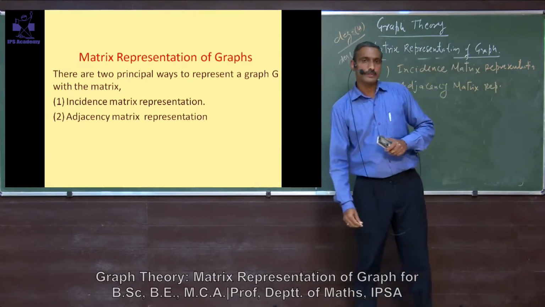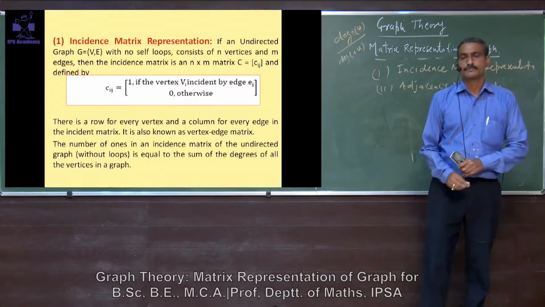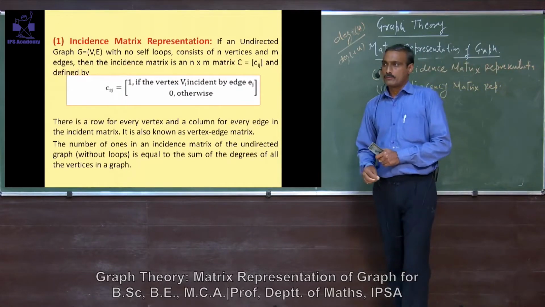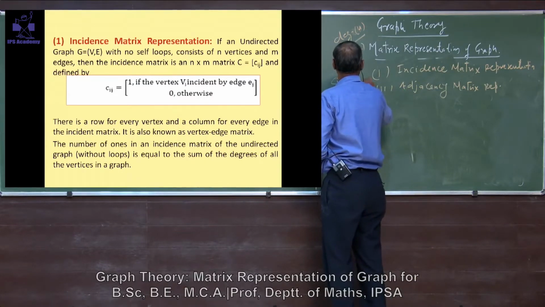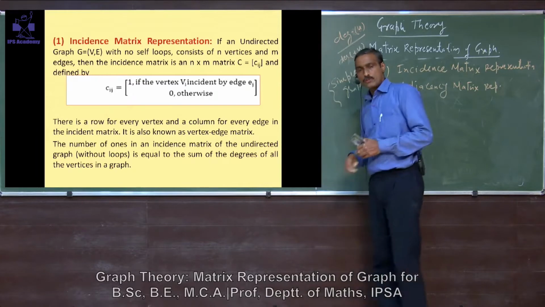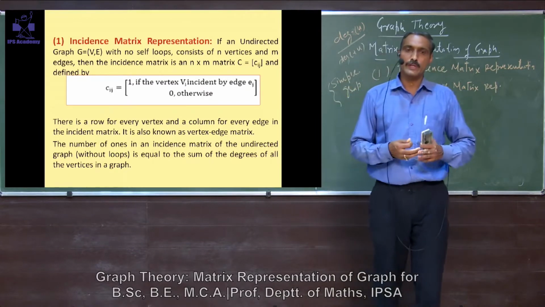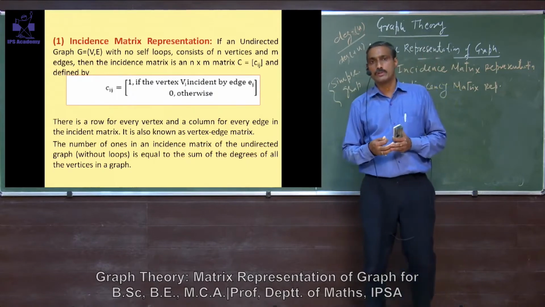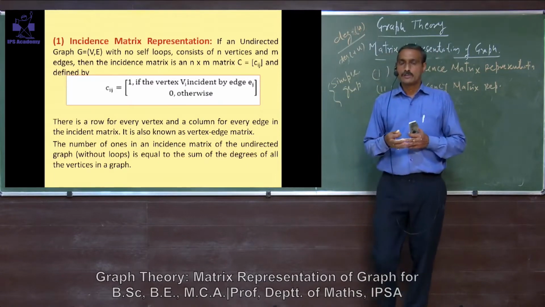Okay, so first we discuss what is the incidence matrix representation. We are defining it for a simple graph first. We also define it for a multigraph, and we also define it for a directed graph. So first we define the incidence matrix representation and adjacency matrix representation for a simple graph.